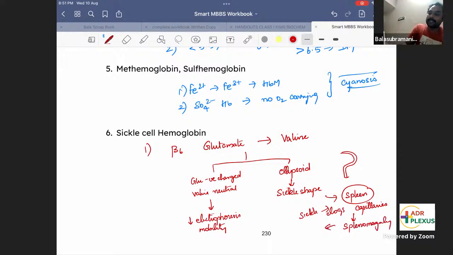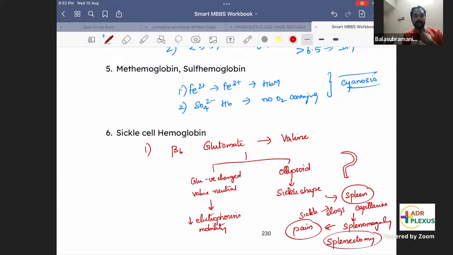And it will also lead to pain. At one stage, we don't have any other option other than removing the spleen, called splenectomy, because this leads to a problem called sickle cell crisis, where there's an acute occlusion, intolerable abdominal pain, and the patient is going to collapse if you don't remove the spleen.